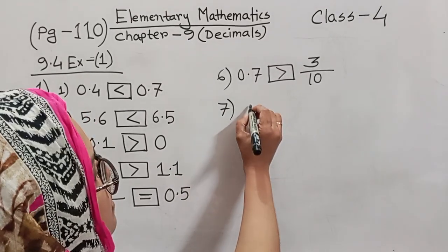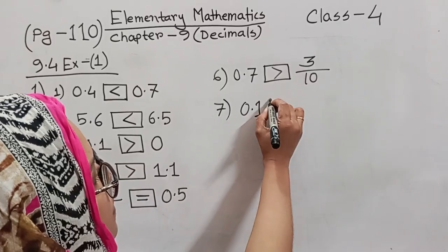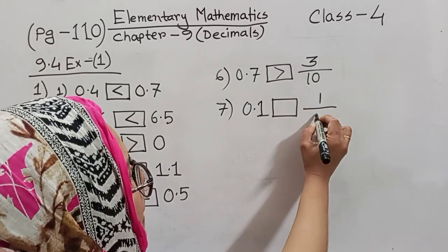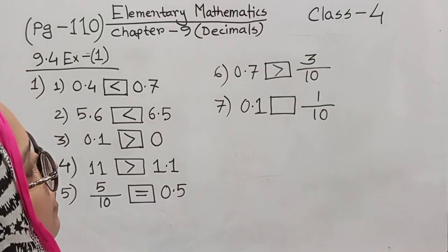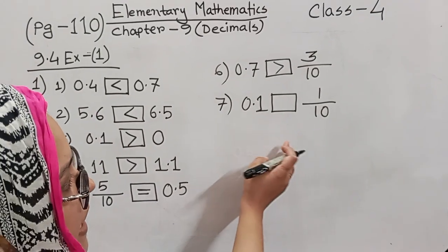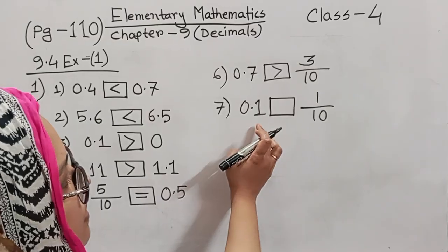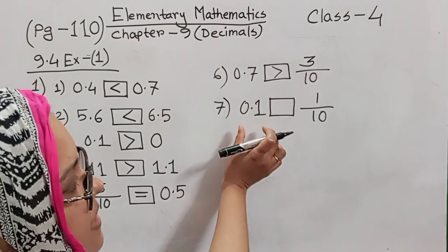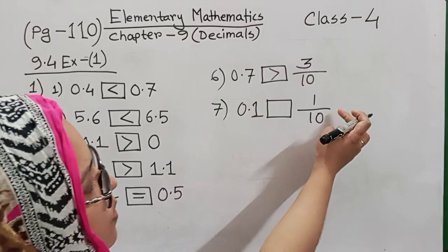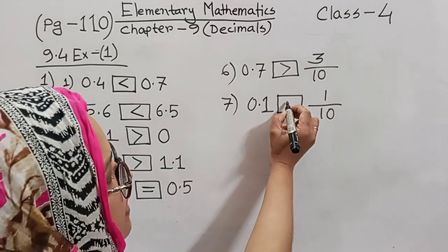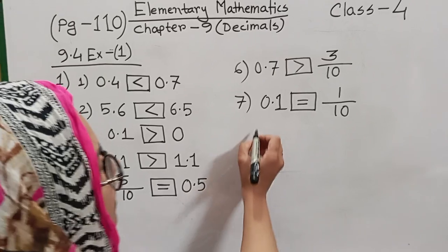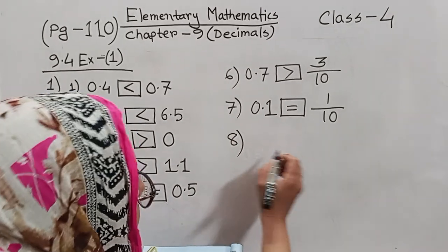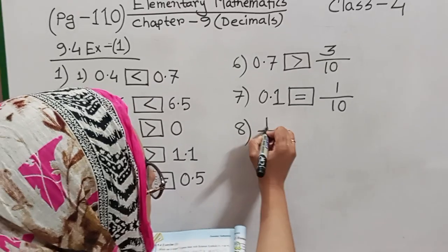And now 7. 0.1, blank space, 1 by 10. As we did before, 0.1, if we remove the decimal point, we will get 1 by 10. So this is equal.